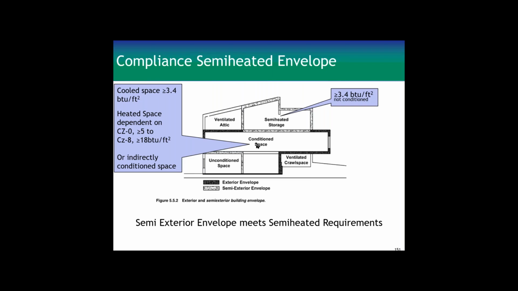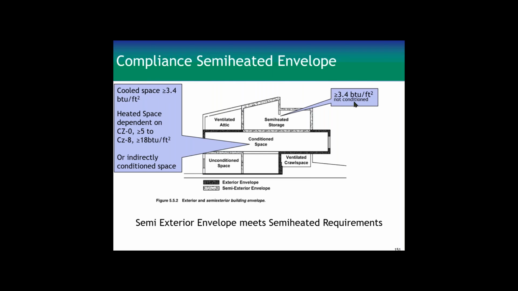Or if you indirectly condition a space, so if you have a transfer grill and that space is conditioned by a transfer, it does qualify as a conditioned space. Now, semi-heated is when it's over 3.4 BTUs of heating.